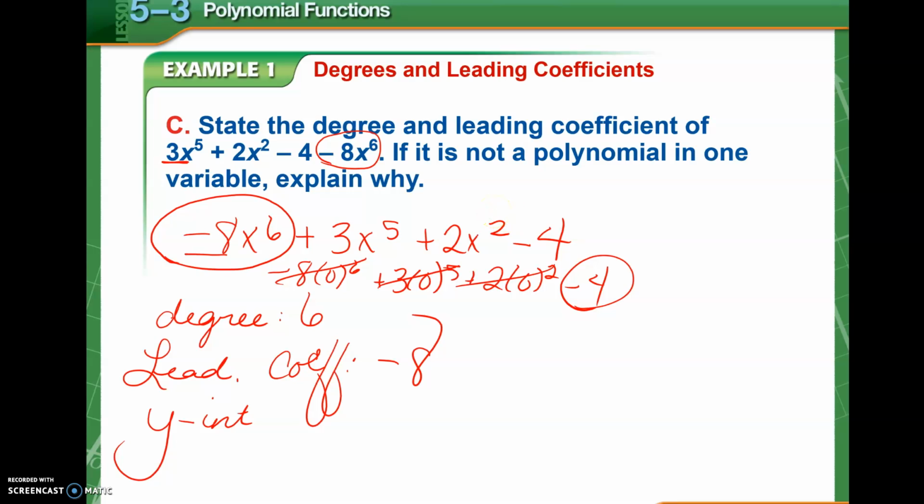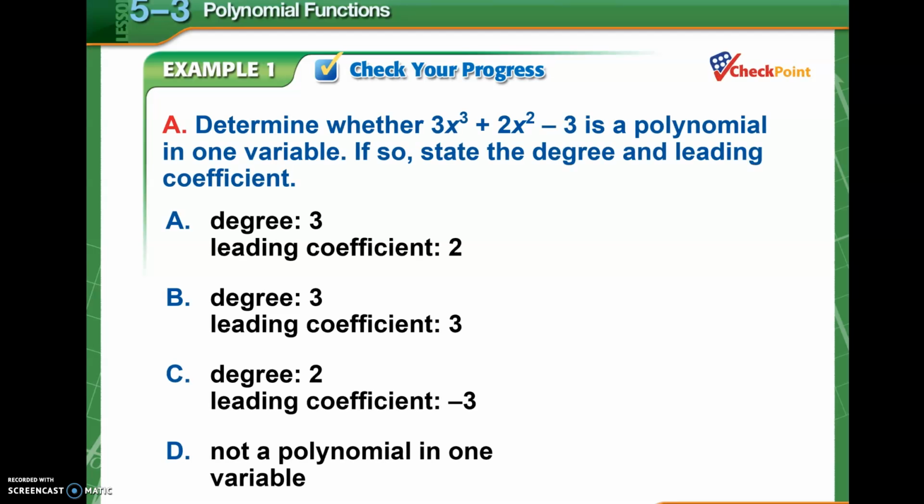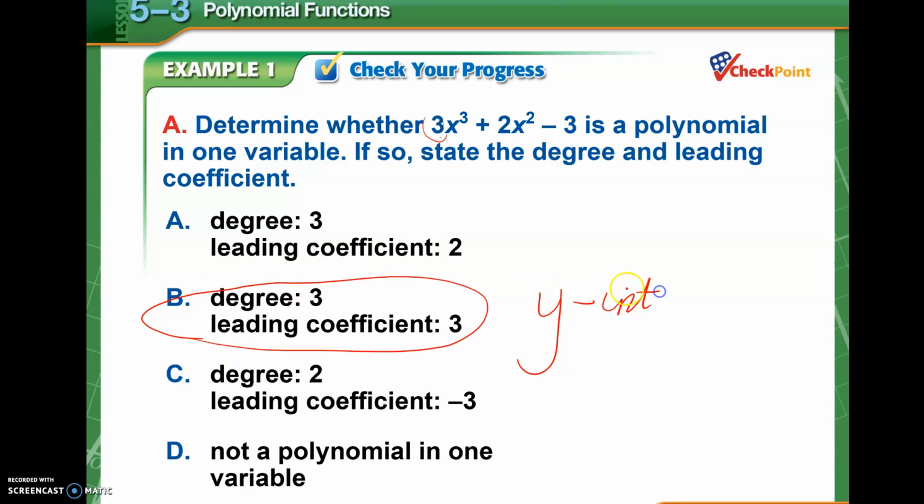If I don't have a constant, it's going to be 0. So my y-intercept is negative 4.